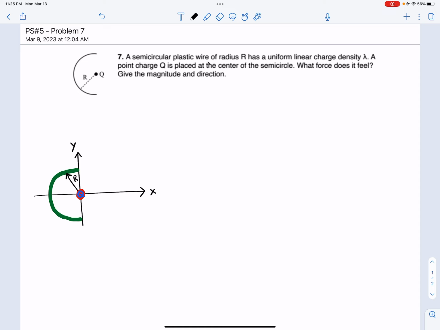So I'm going to use Coulomb's law for the electrostatic force on Q to try to find the answer to this problem.